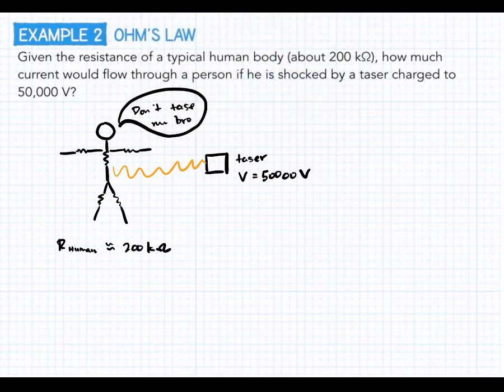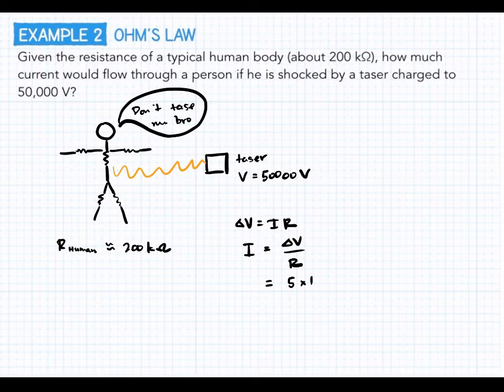We're going to use our equation. And which equation are we going to use? Well, probably Ohm's law. So equation delta V is equal to IR. And we want to figure out the current. So current is going to be delta V over R. We'll plug in our values. So we have 50,000 volts.